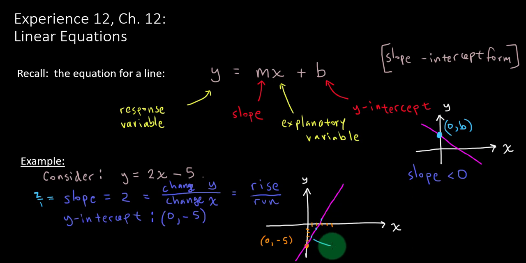This one I know has an x coordinate of 1, but has a y coordinate of -3. How did I do that? Because if we started at the y-intercept, we went up 2 spaces. So I did -5 plus 2. But I also went over 1 space to the right.